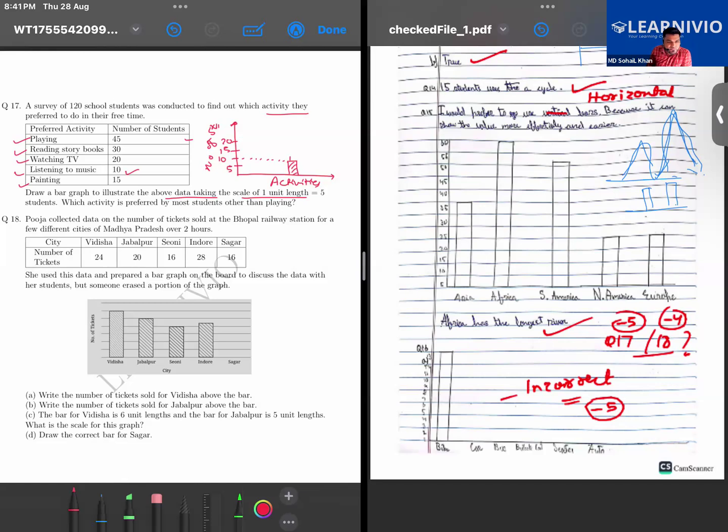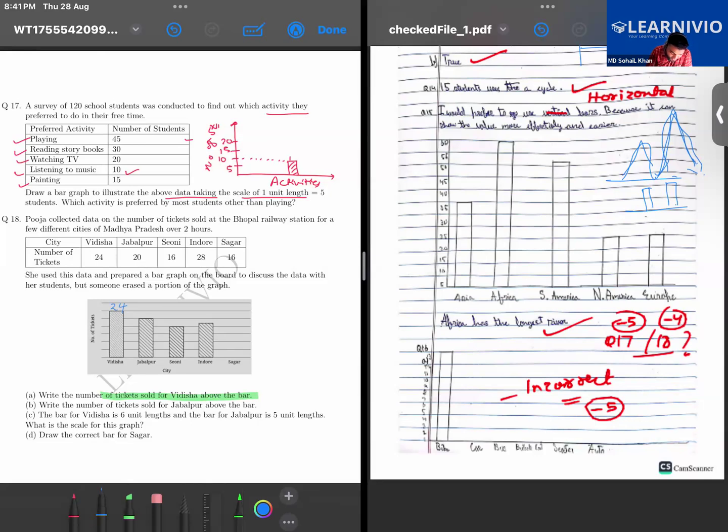Question number 18 was really simple. It said write the number of tickets sold for Vidisha above the bar. Many of you have just written the answer, but actually you had to write it in the given diagram, over the bar. So we have to write down how much? 24 here. Write the number of tickets sold for Jabalpur above the bar.